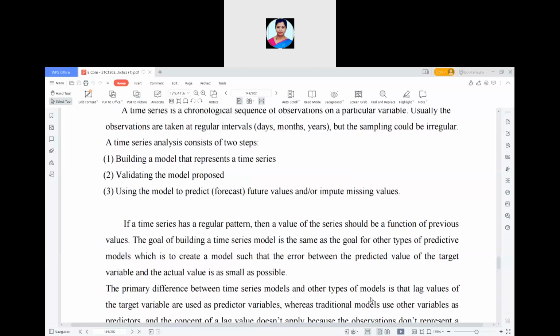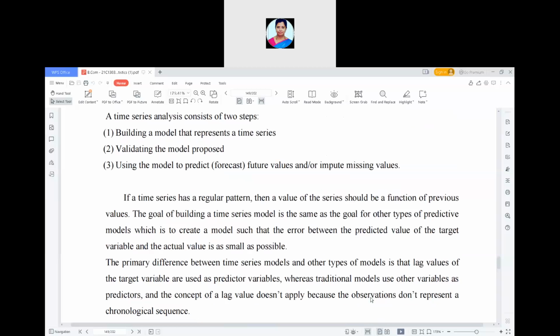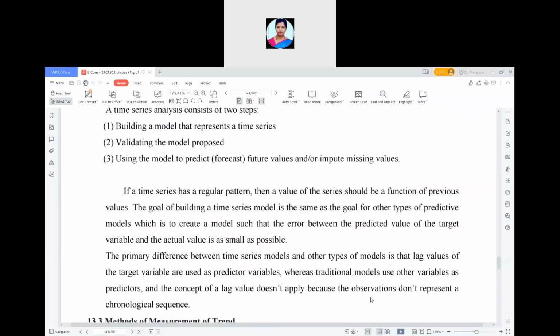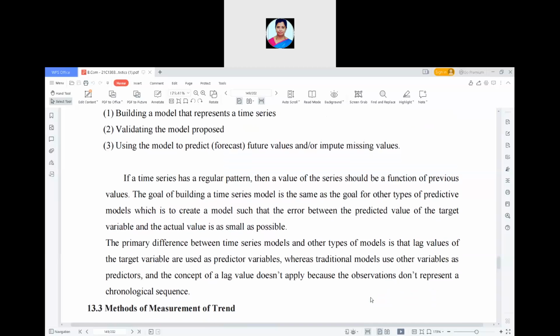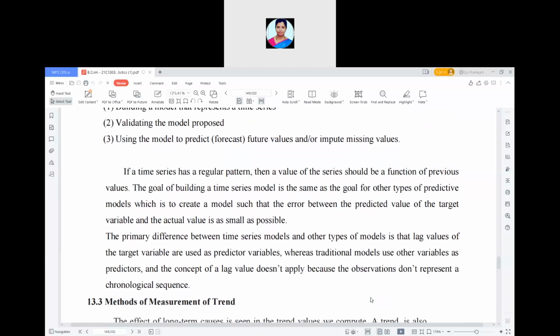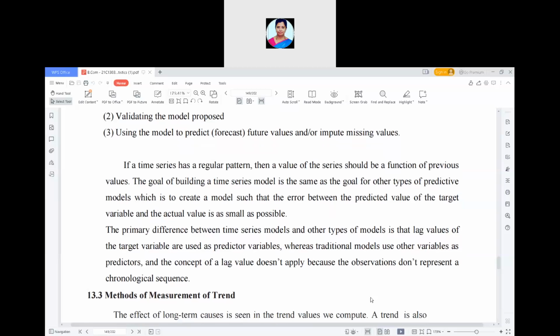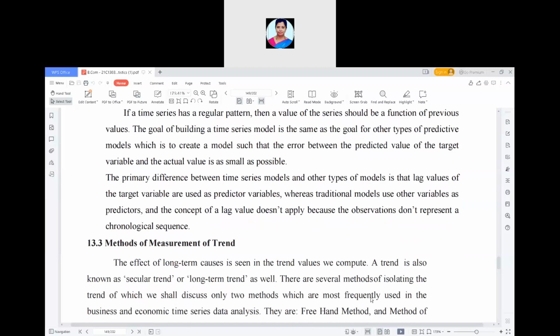The primary difference between the time series model and other types of models is that lag values of the target variable are used as predictor variables, whereas in traditional models, we use other variables as predictors, and the concept of lag value doesn't apply because the observations don't represent a chronological order.